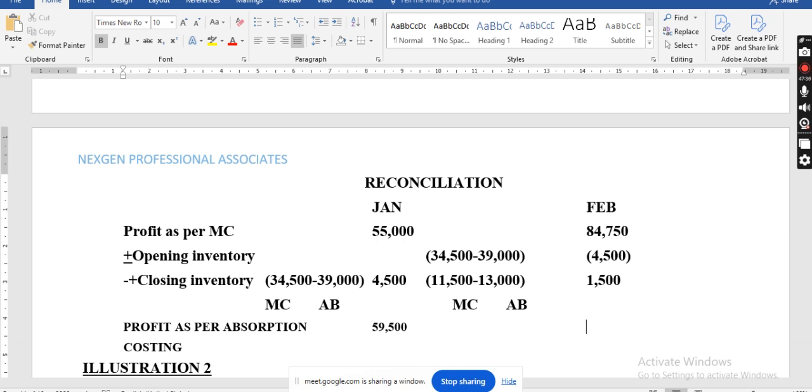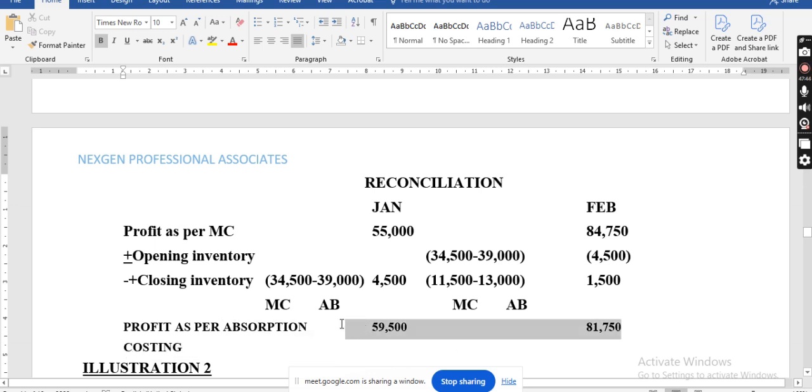So add and subtract this. What do you have? It's 1,750. Do we arrive at the same profit? Yes, class? We did. And that is why there is a difference: because of the valuation of opening and closing.